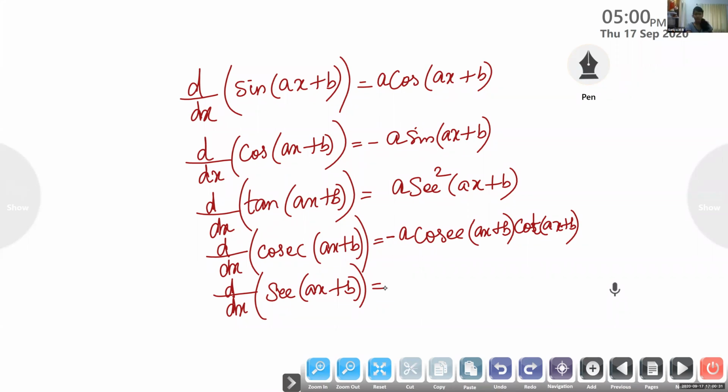What is the derivative of sec x? The derivative of sec x is sec x tan x. So it is sec of ax plus b, tan of ax plus b, into a.